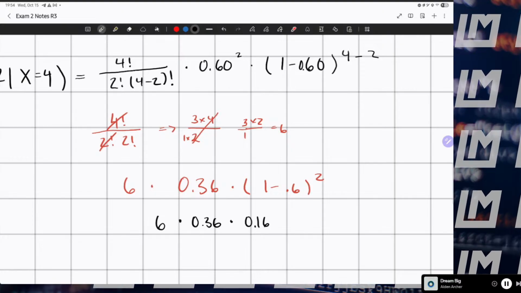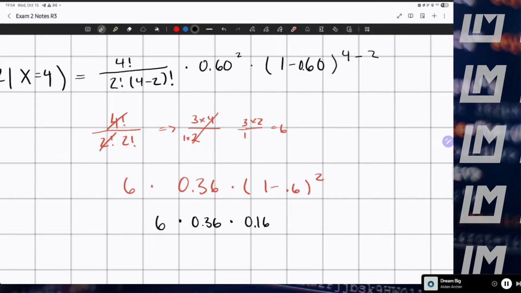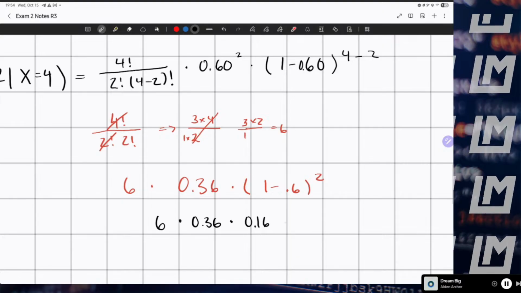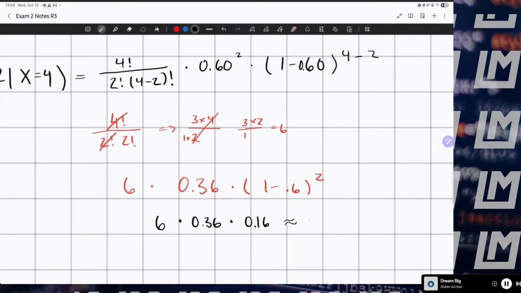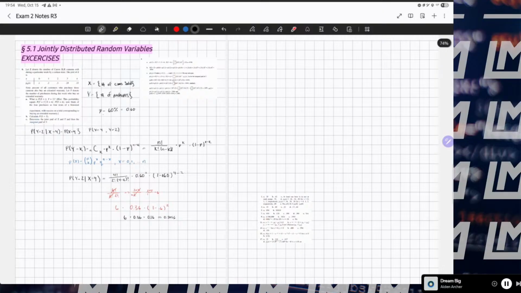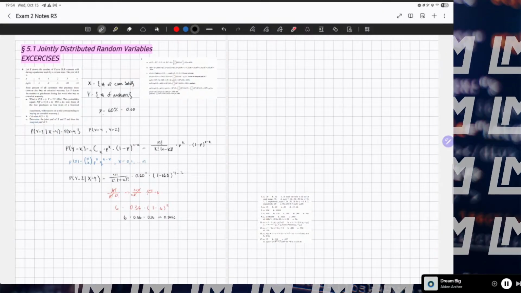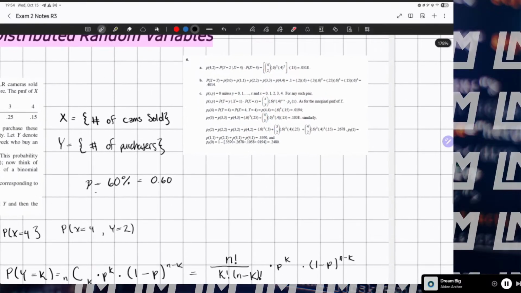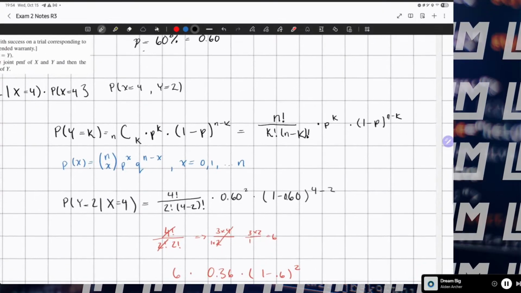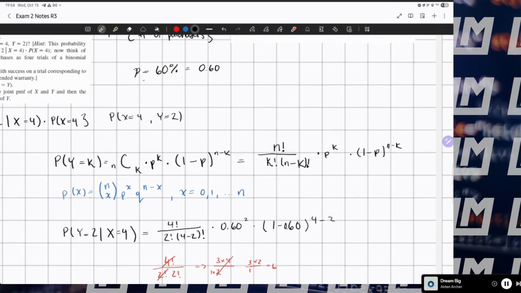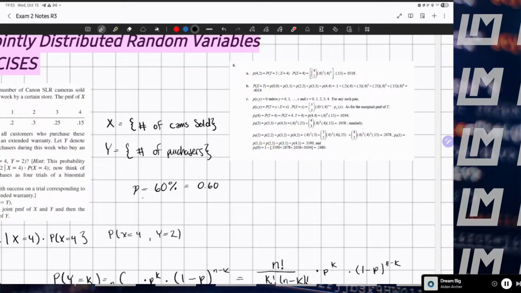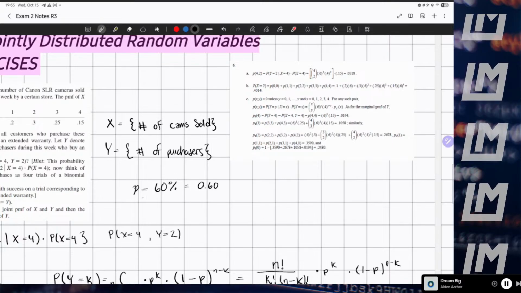And when we multiply 6 times 0.36 times 0.16, enter, we get approximately 0.3456, which is not what I got. What is it doing differently? Am I forgetting a portion of it? No, that's what Quizlet's showing me.